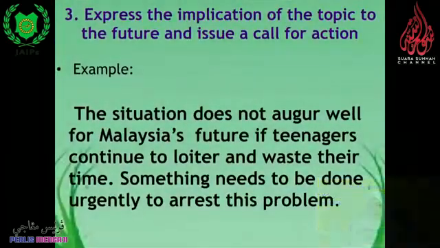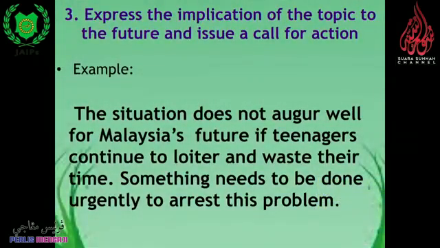Next one, you express the implication of the topic to the future and issue a call for action. Look at the example. The situation does not augur well for Malaysia's future if teenagers continue to loiter and waste their time. Something needs to be done urgently to arrest this problem.